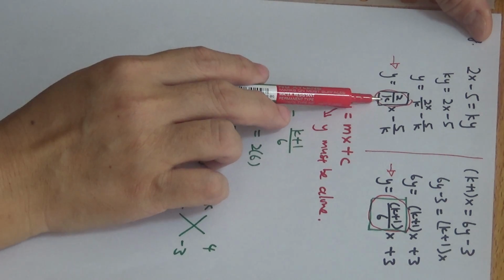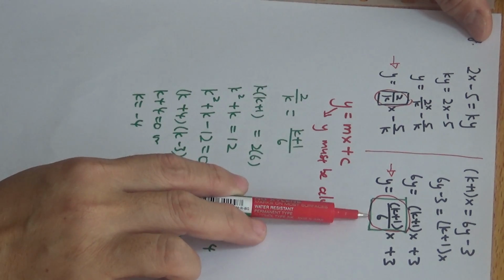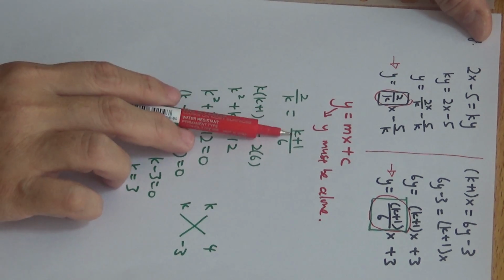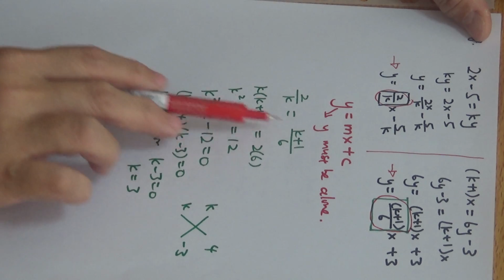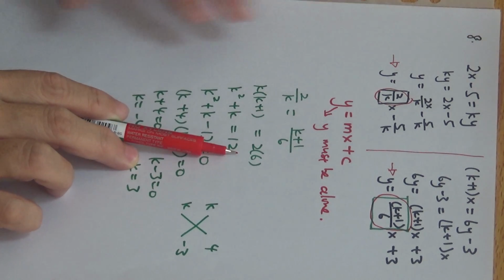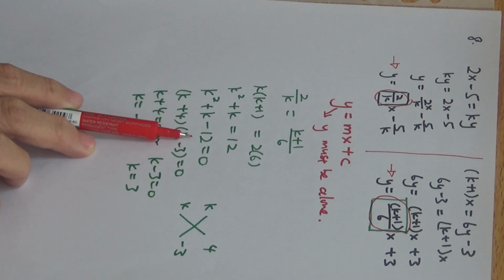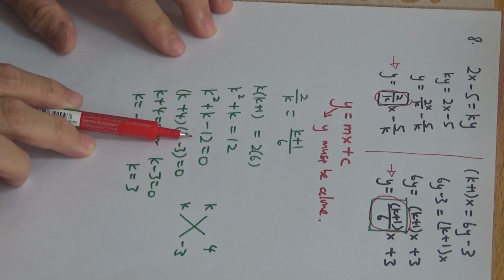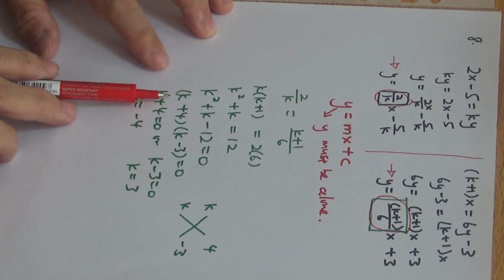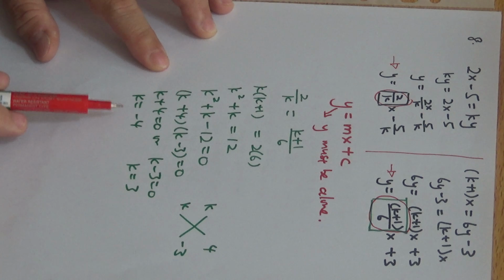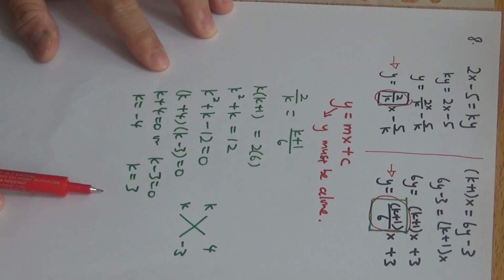That means 2 over k must equal (k plus 1) over 6. I do cross multiplication, I simplify, I get a quadratic equation, and therefore I will factorize it and solve it. I will have my k as equals to -4 and 3.